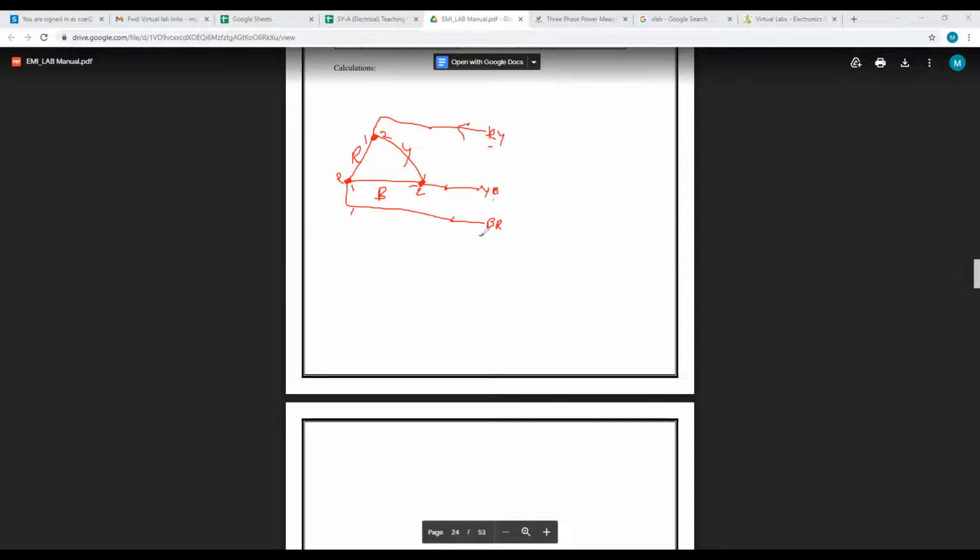If we measure voltage across this one, we call it VRY. We want to see how much voltage there is between R and Y, that is called VRY. And for Y to B we measure that, and call it VYB.